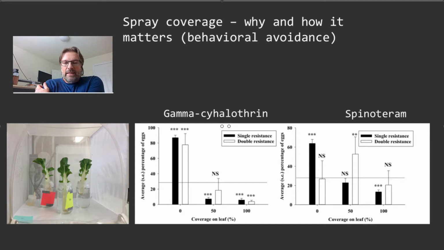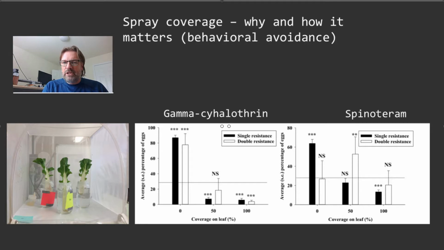In other words, they're able to assess in some way that this leaf has been treated, and therefore they try to avoid it. Okay, it was a little bit different with spinetoram, which was a chemical they weren't quite used to, but the strain that only had one level of resistance actually showed a similar pattern, while the one that was already resistant to many other chemicals didn't really care.